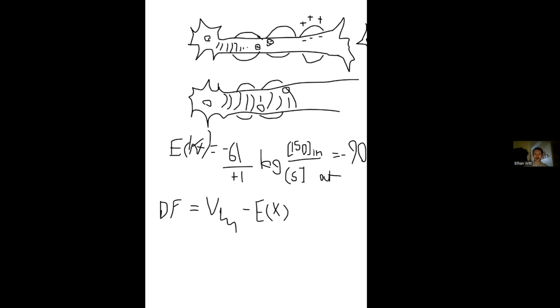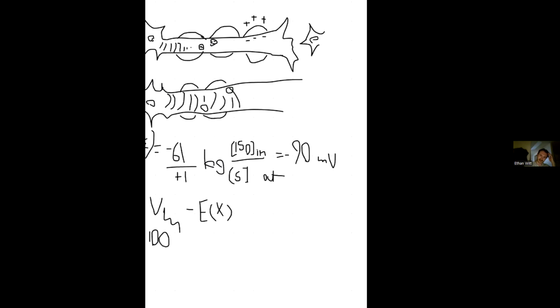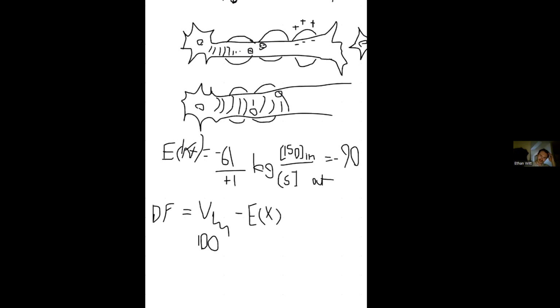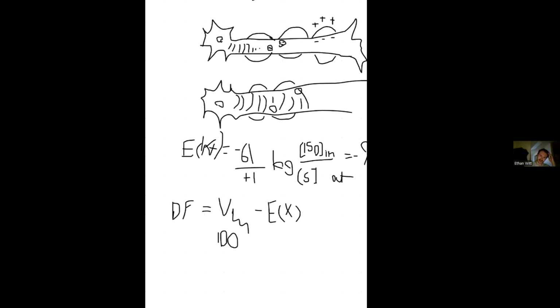So if I were to say that membrane potential was a very high positive number, like 100, that's what we're currently at, very positive, and I subtracted the value that we've got here, very small, the driving force is going to go through the roof, close to 200, because you have a cell that's at positive 100 millivolts.